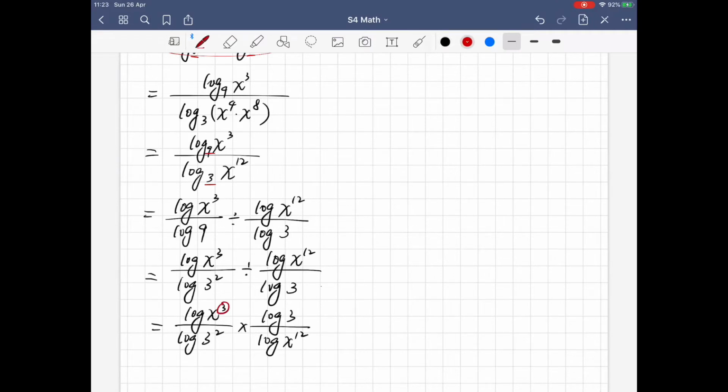And afterwards, I will move all the power into front of the log using the properties of log m to the power n with base a equals to n log m with base a.